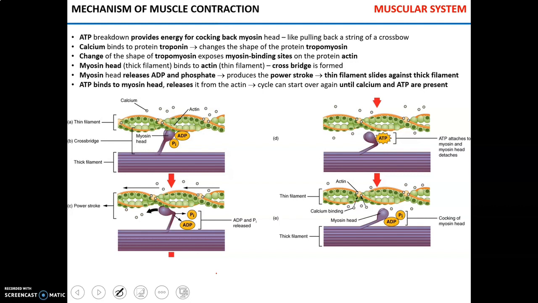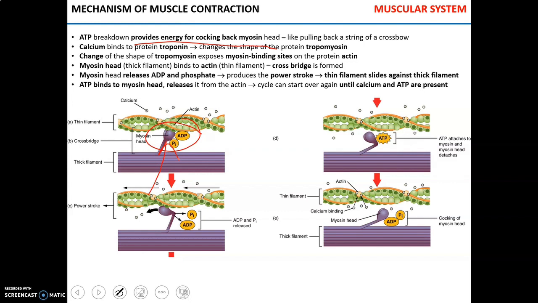So first, a molecule of ATP is broken down, forming ADP and a phosphate. Energy that is released during ATP breakdown provides for cocking back the head of a myosin, charging it. Now this cocked back head of the myosin has a lot of potential energy.